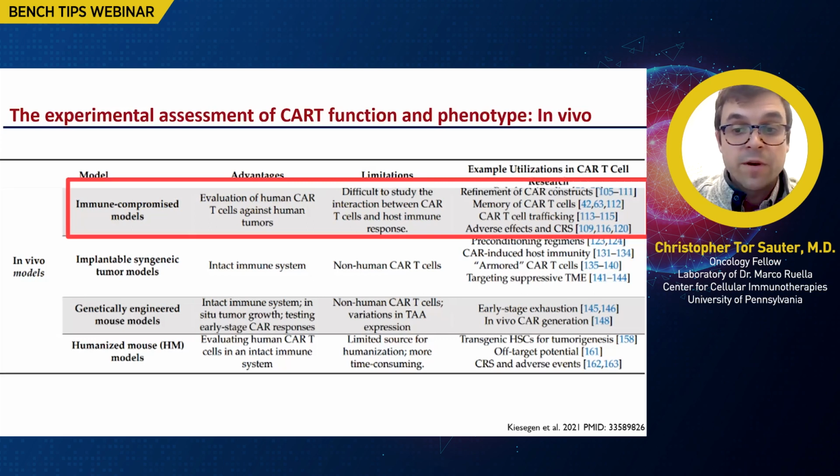Additionally, there are immune-competent model systems that are useful for describing interactions with the tumor microenvironment, and some other types of in vivo systems that are more useful for toxicity evaluations, such as modeling cytokine release syndrome. However, there's no gold standard for the evaluation of CAR T cell toxicity, and that remains a big barrier in the field. Additionally, the in vivo model systems are extremely disease-oriented, so we focus on leukemia and lymphoma models, but there are also solid tumor models available to us.